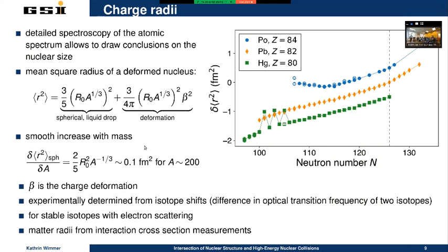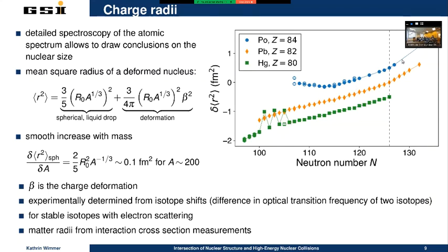So in the plot is the relative change in the charge radius for certain nuclei, always relative to the magic number 126. There's a smooth decrease of the radius with the mass, so for lighter nuclei, the charge radius is less.